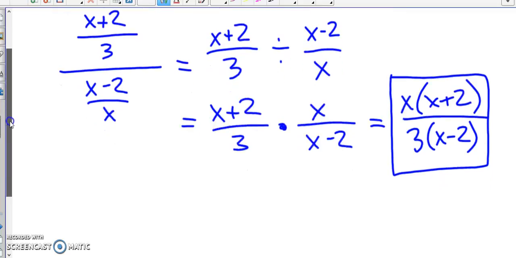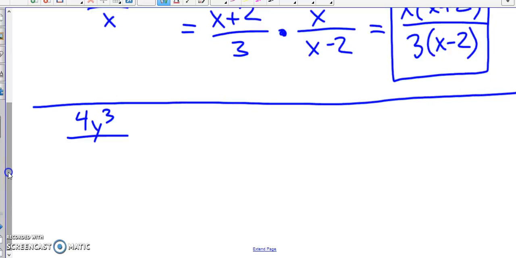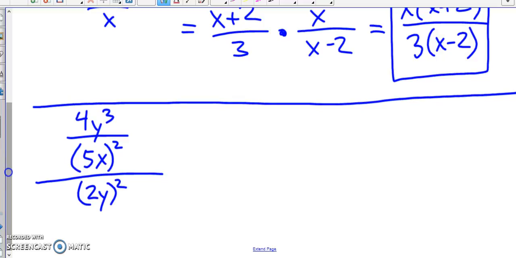All right. So if we look at another one, let's say I've got 4y cubed over 5x quantity squared over 2y quantity squared over 10x cubed.